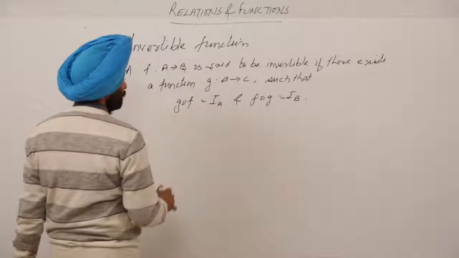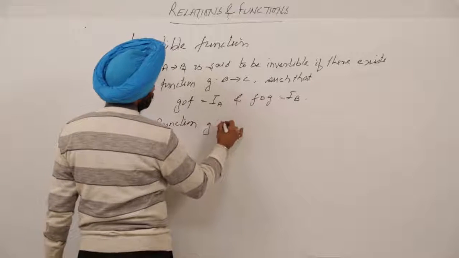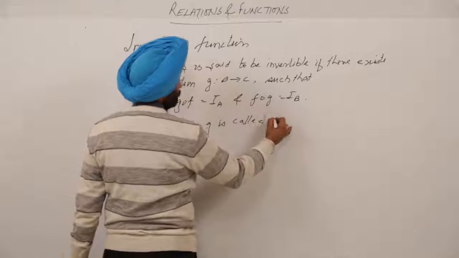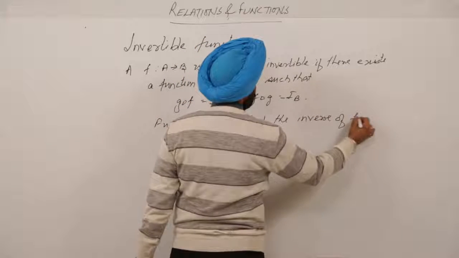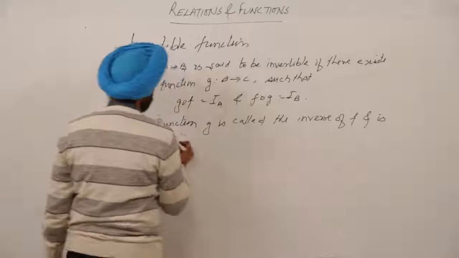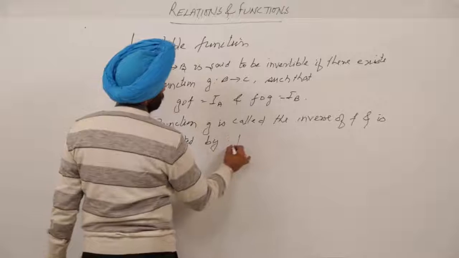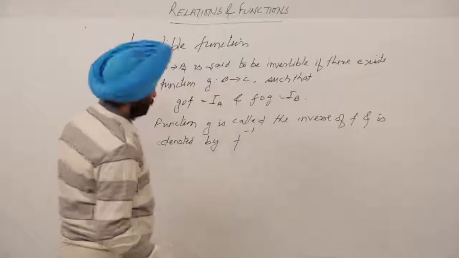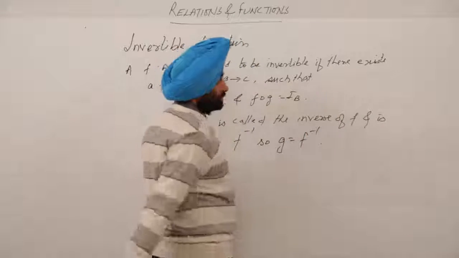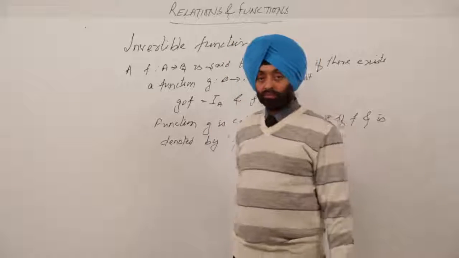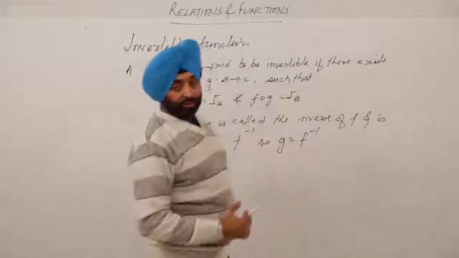Here, function g is called the inverse of f and is denoted by, you are all aware of the symbol, f inverse. So g is equal to f inverse. Now this is a nice definition, and in the next theorem I am going to prove how this is possible.